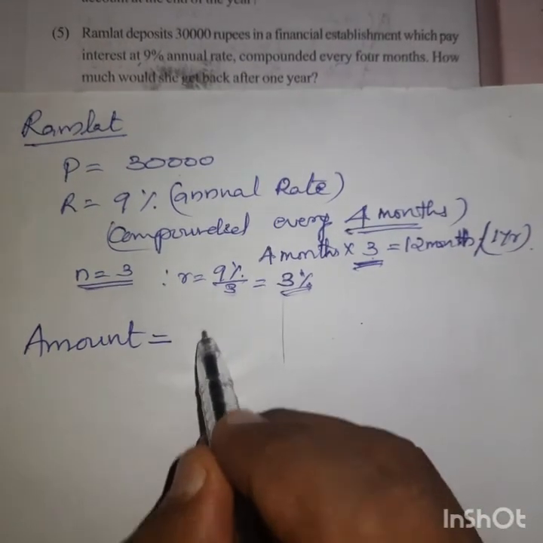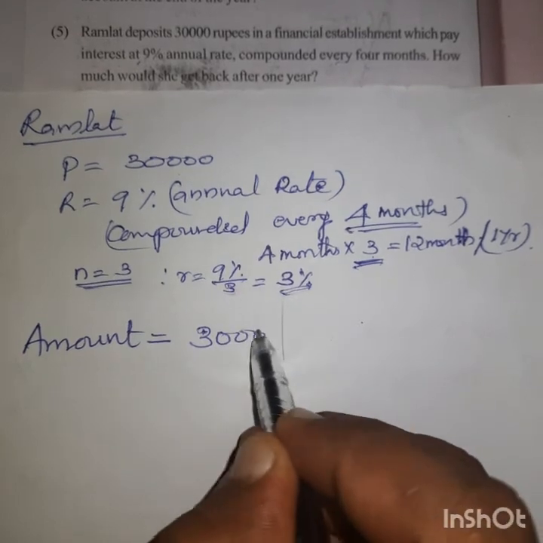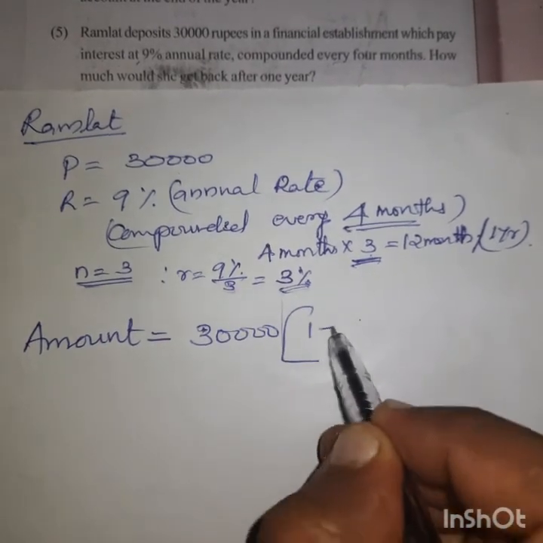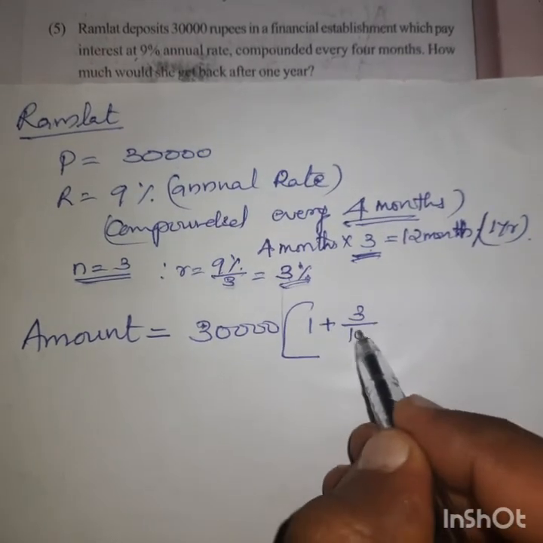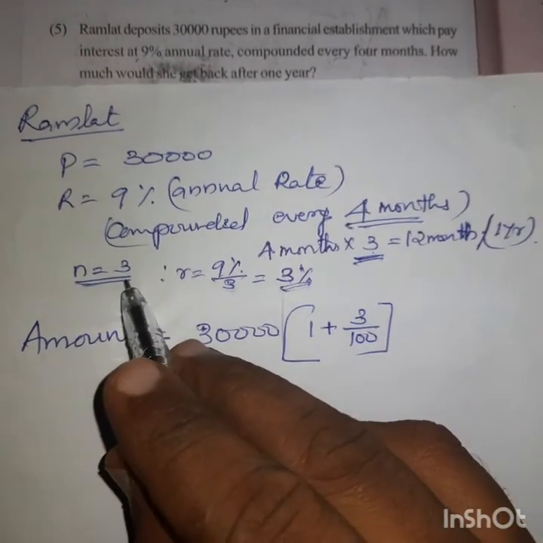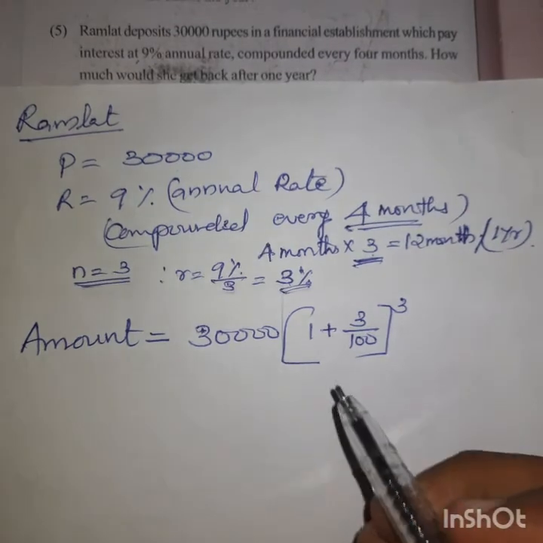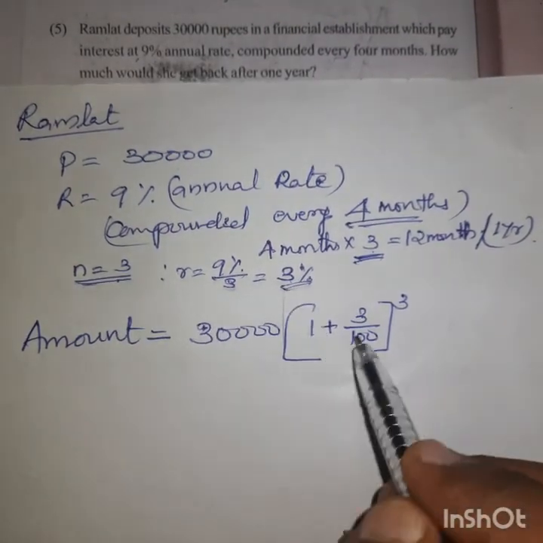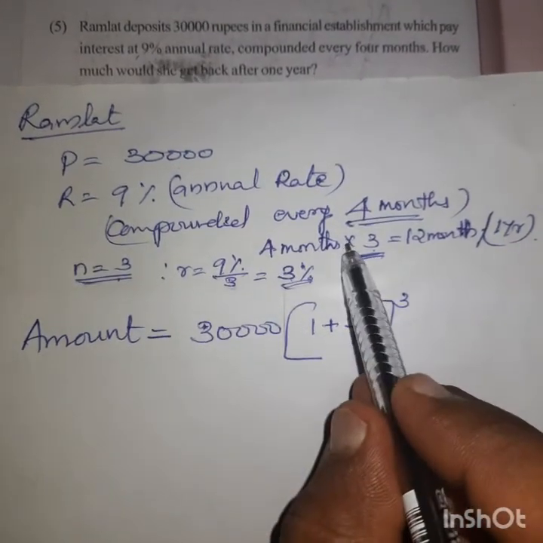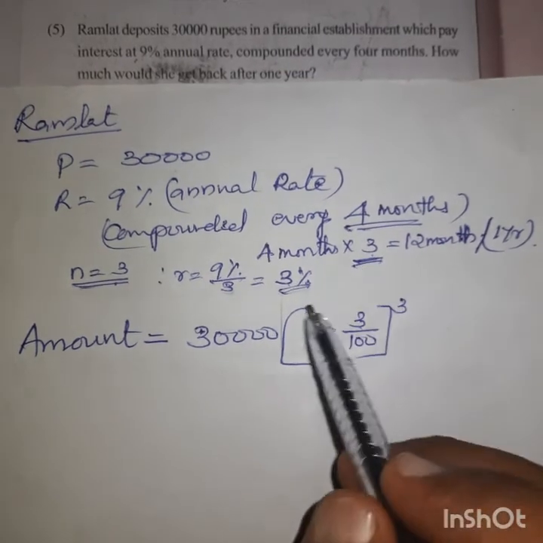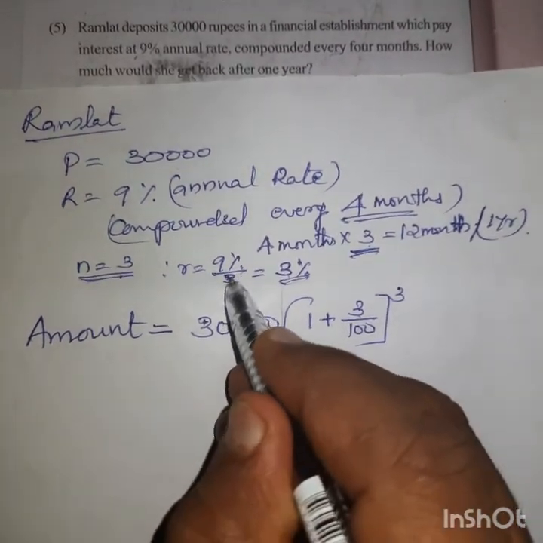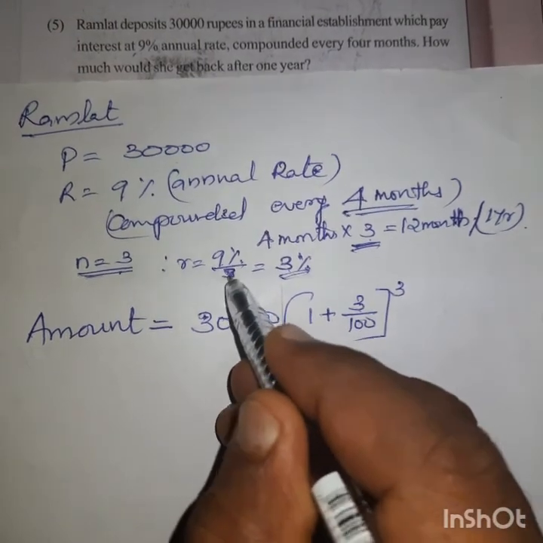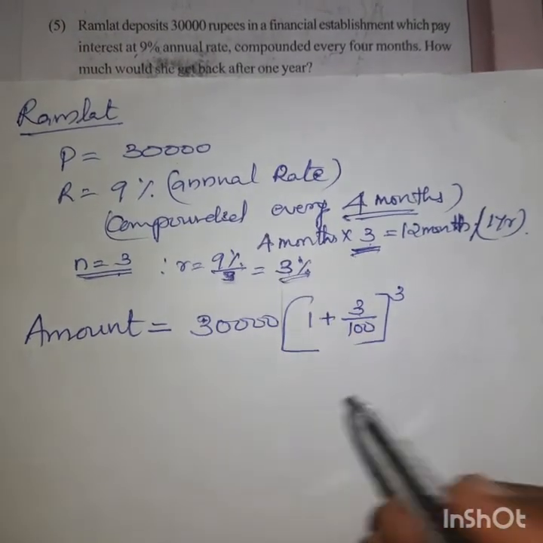The amount is equal to 30,000 into 1 plus r by 100, r is 3, so 3 by 100. How many times? 3 times. So n equal to 3, r is equal to 3% because every 4 months calculation, so 9% annual by 3. That is why it is 3%.